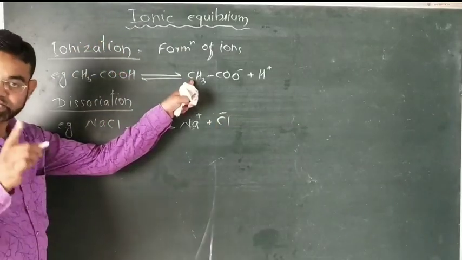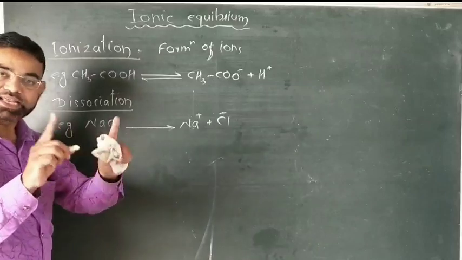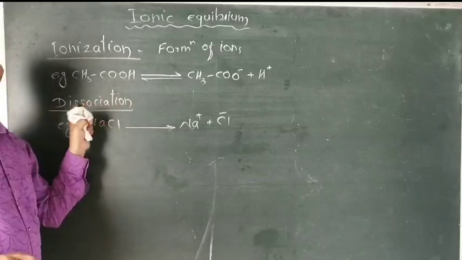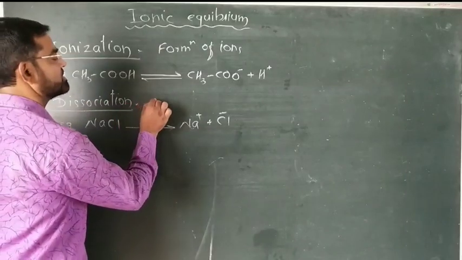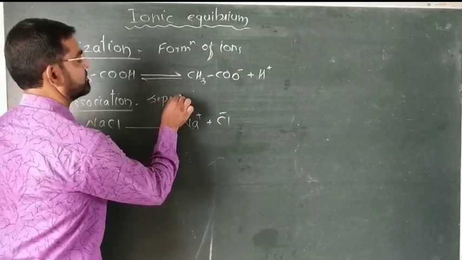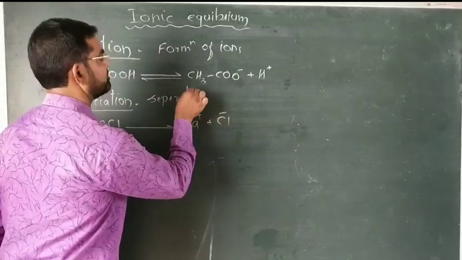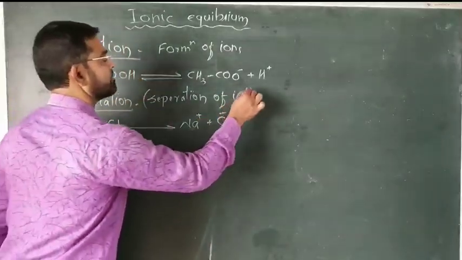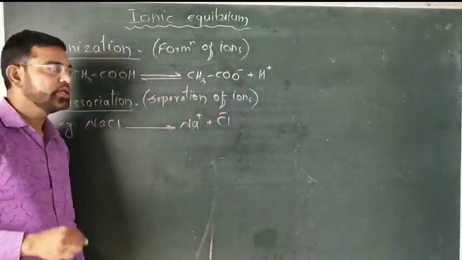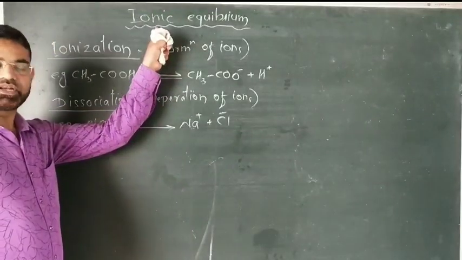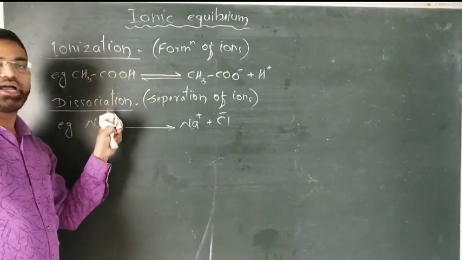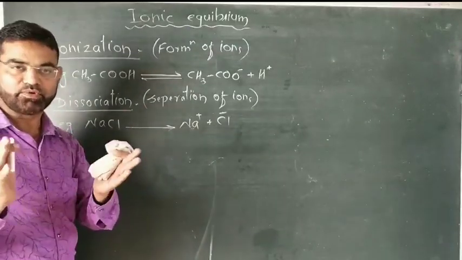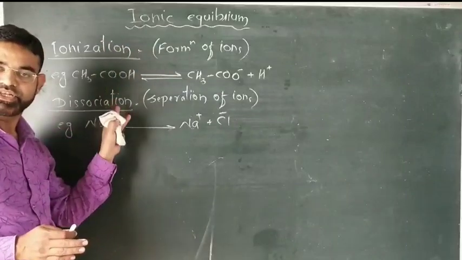Here the ions are already present and they separate out, which is known as dissociation. Therefore, it is the separation of ions. In this topic, generally ionization and dissociation are used together. There is not much difference between ionization and dissociation.